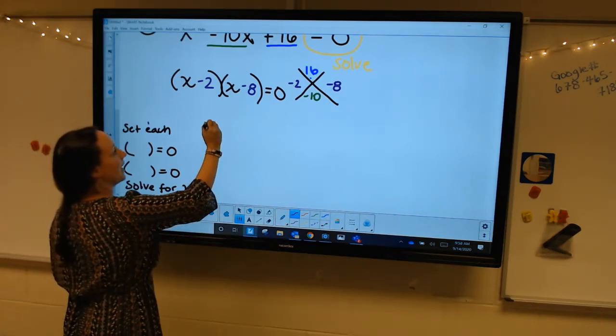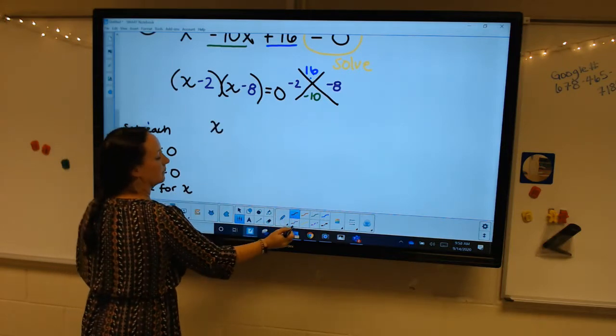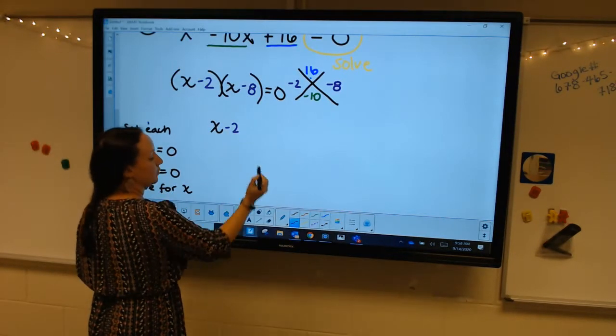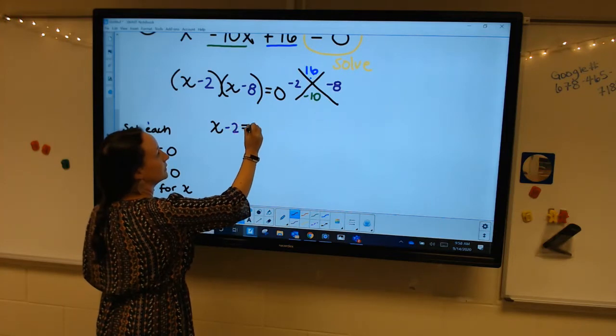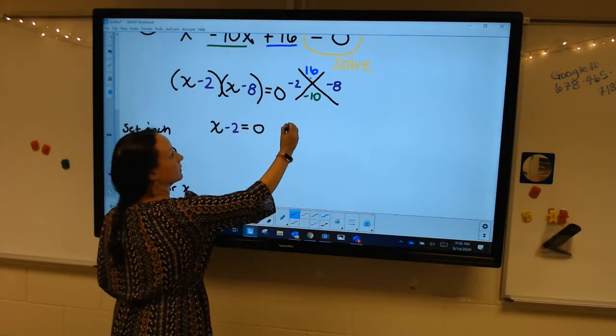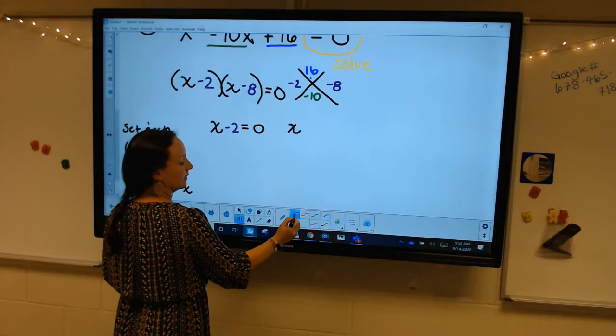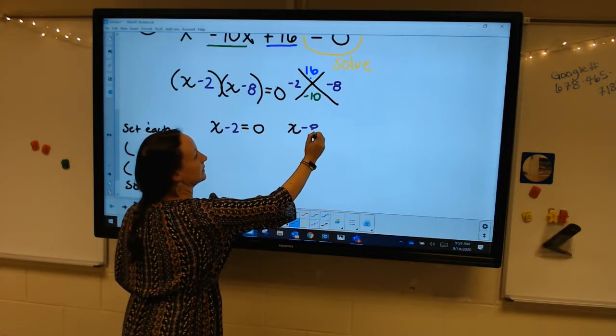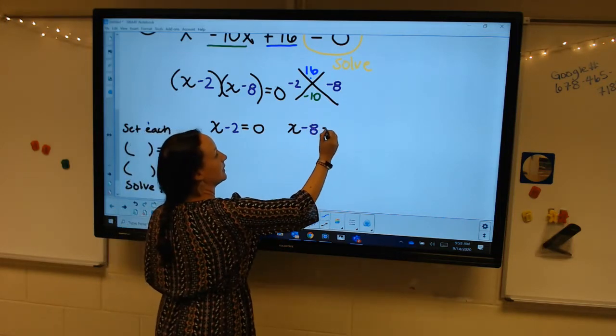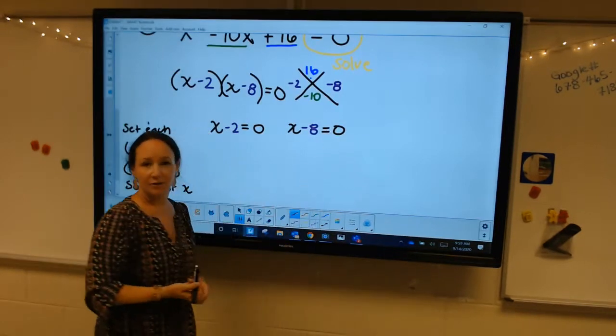So I'll take x minus 2 and set it equal to 0, and I'll also take x minus 8 and set it equal to 0.